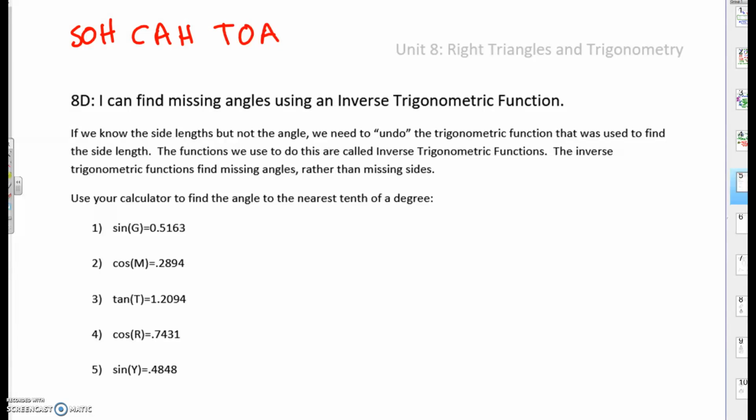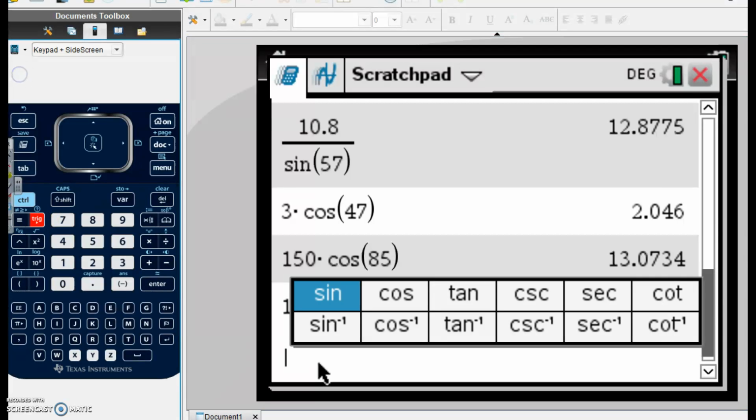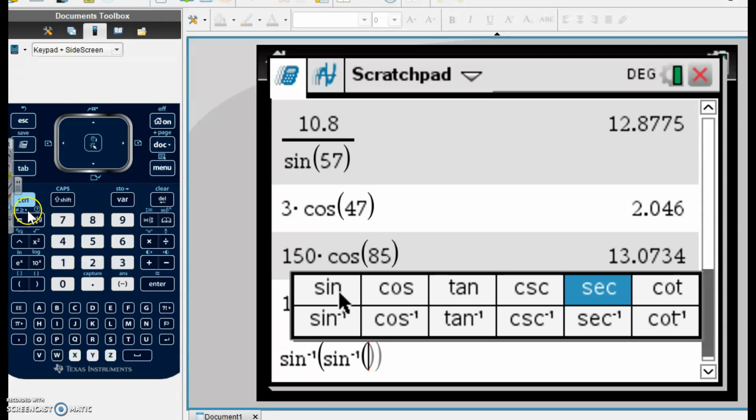So sine of g equals 0.5163. Well, if I want to find the measure of angle g, that's going to equal sine inverse of 0.5163. And so now when I hop into my calculator, we're still looking at our trig button, but now we're looking at our actual sine inverse function.